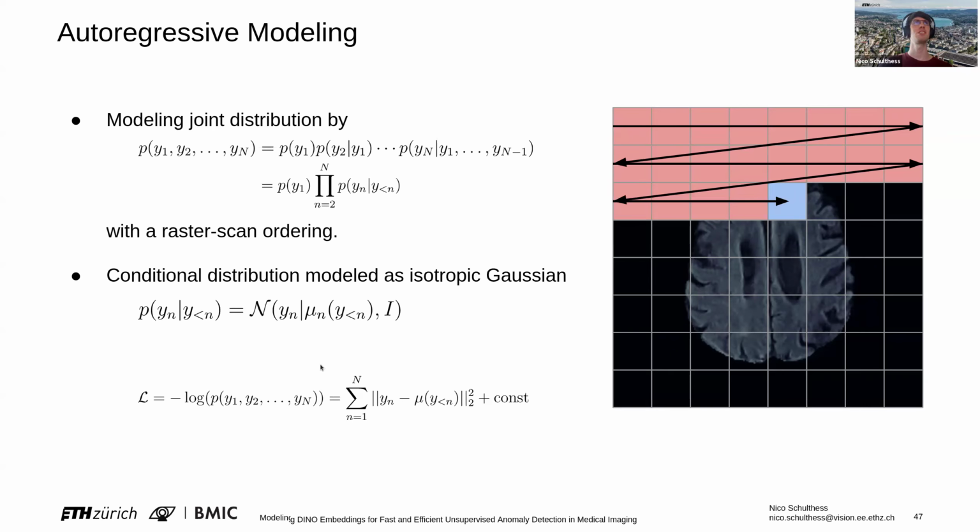And for our experiments, we assumed that these conditional distributions are modeled by an isotropic Gaussian. So essentially, our model learned to predict these mean vectors dependent on the previous data. And to train the whole model, we minimize the negative log likelihood, which essentially boils down to minimizing the L2 distance between the actual DINO feature and the predicted mean, plus some constant term, which doesn't matter for gradient descent.